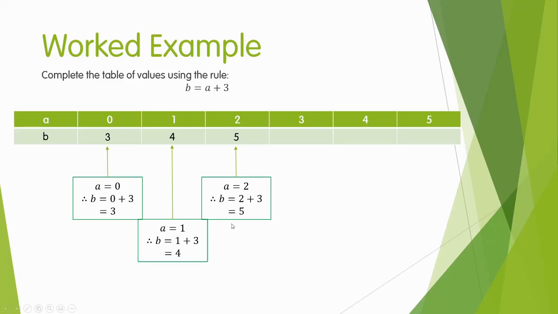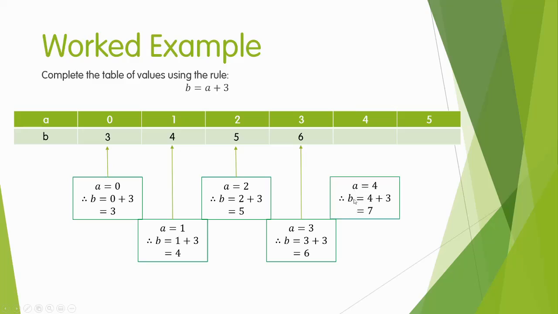Let's check it out. a equals 3, 3 plus 3 equals 6, and we can see that each one of these is increasing by 1. So we expect the next answer to be 7. We will check it out just to be on the safe side. a equals 4, 4 plus 3 equals 7, so we've got that right, and then we can work out that last one as well. You will start to see patterns forming when you're doing questions like this.